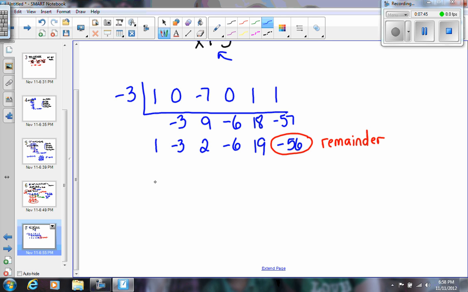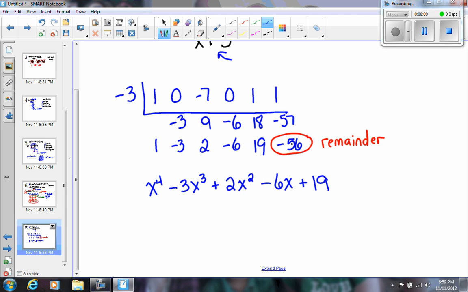So I start with 1 x to the 4th, minus 3, drop 1 power down, x cubed, plus the next number, a 2, and that's going to be x squared. The next number is a minus 6, and that's just going to be an x. And the last is just a plus 19.